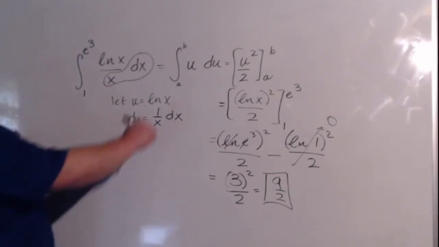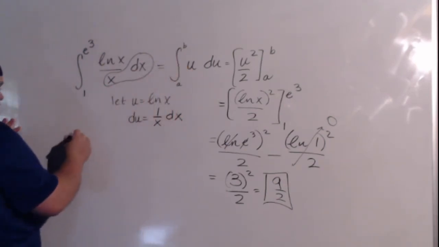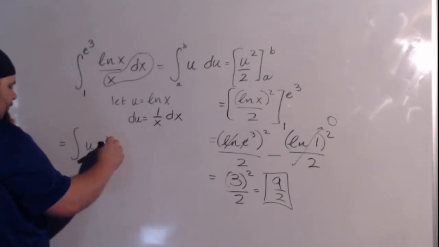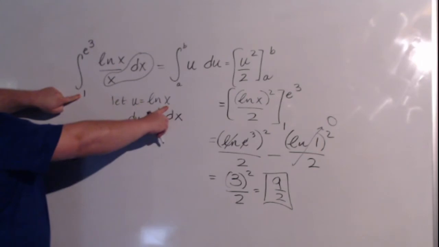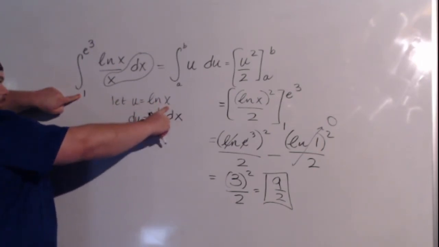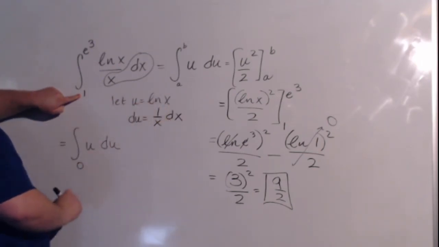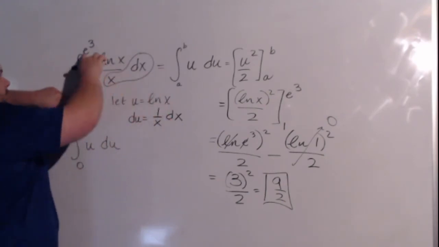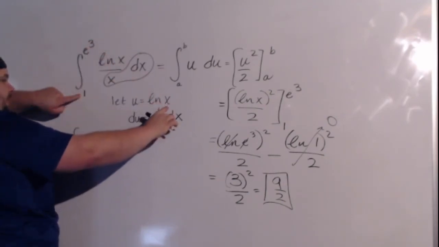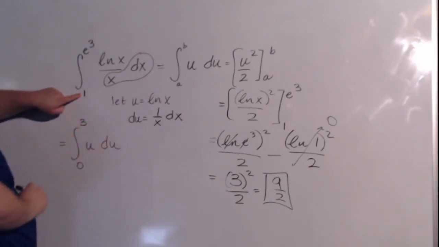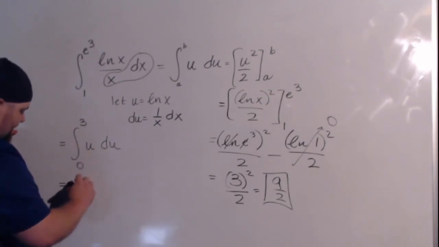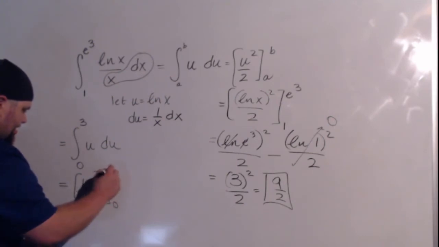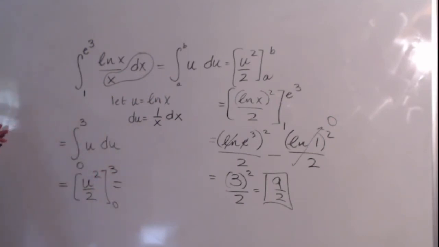What if back here I changed my bounds? Okay, so let x equal 1, u then is natural log of 1, which is 0, and let x equal e cubed. Natural log of e cubed is 3. Integral of u is still u squared over 2, but this time it's from 0 to 3 and we don't have to back substitute.